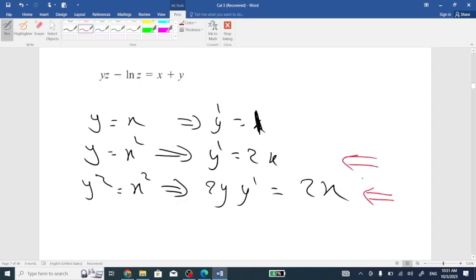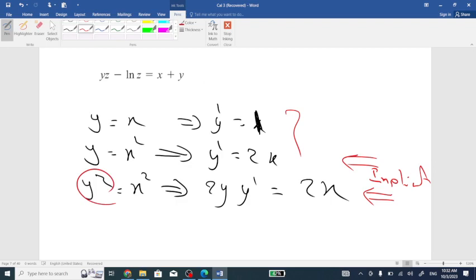And that one is called what? Yes, thank you. Implicit derivative, or implicit function, because y is also a function but has got a square.